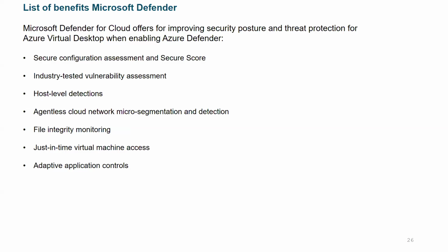Every month we do get vulnerabilities, right? That is what Microsoft is releasing patches for. Host level detections, agentless cloud network microsegmentation and detection, file integrity monitoring, just-in-time virtual machine access, adaptive application controls. All of these are benefits of using Microsoft Defender.